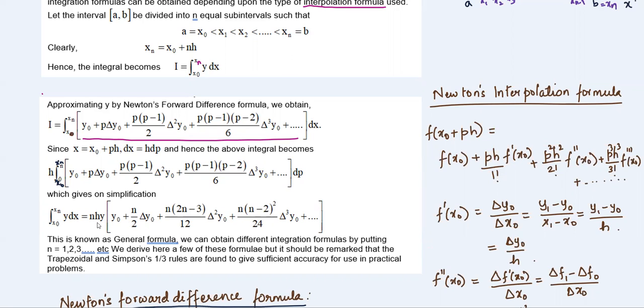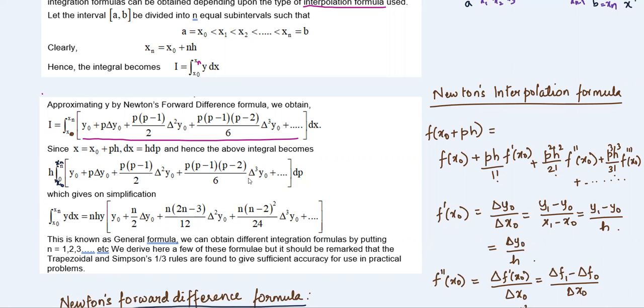So we get n times h times y naught plus n by 2 delta y naught plus n into 2n minus 3 by 12, and so on. This is how you get it, by integrating the terms.